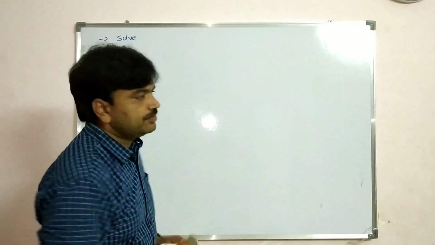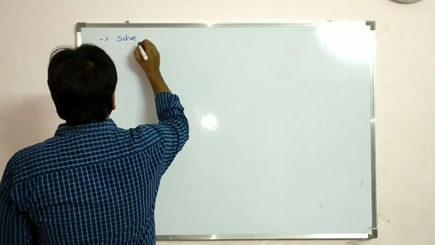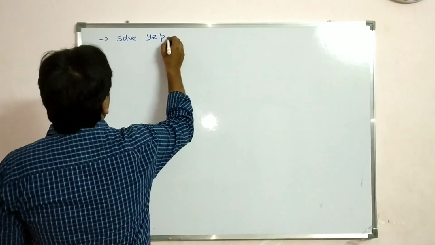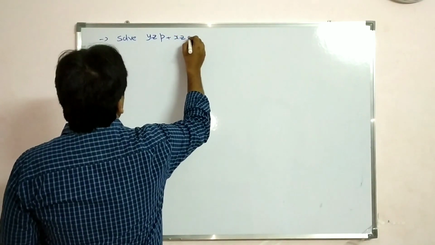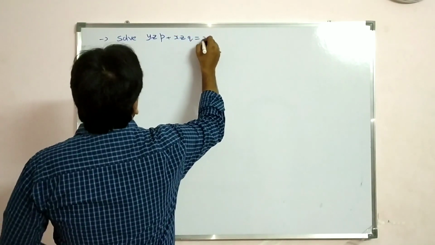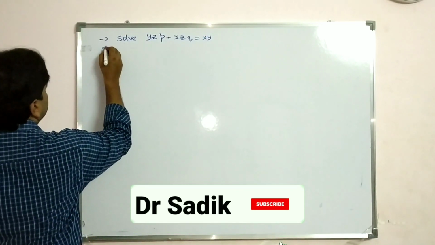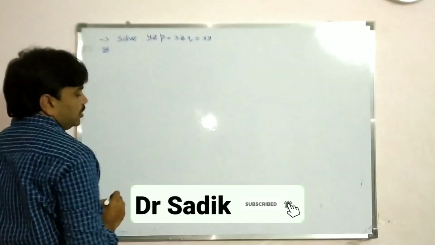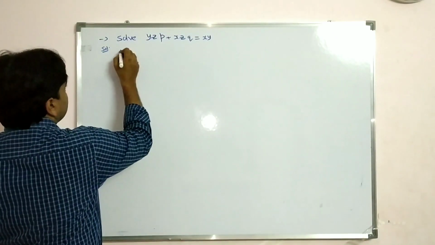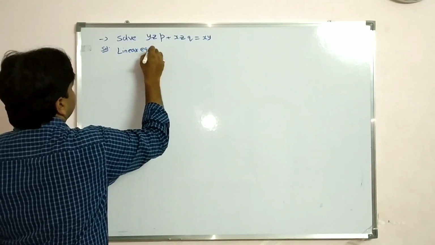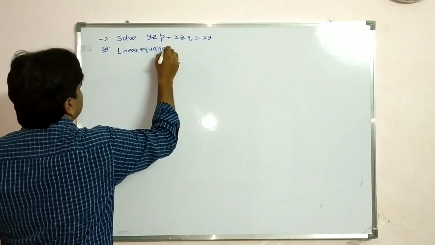Right. Now, students, solve yz p plus xz q is equal to xy, students, xy. Now solution. Here it is Lagrange's linear equation. What is the linear equation, students?